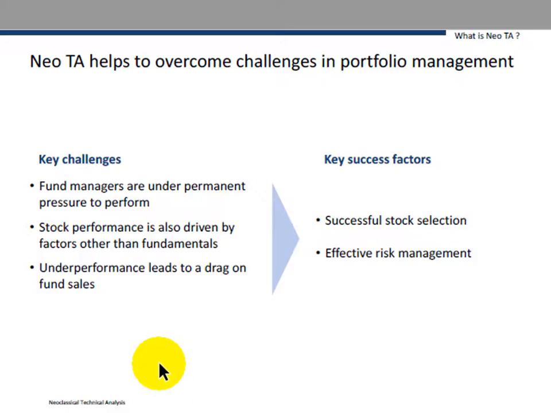If you don't do that, you're going to underperform, and that's going to be a drag on your fund sales over time. So the key to success here is you've got to have good stock selection, and you've got to have good risk management in the portfolio that you manage.